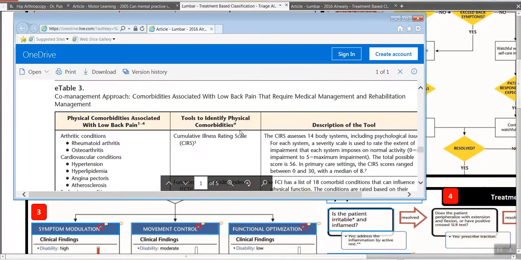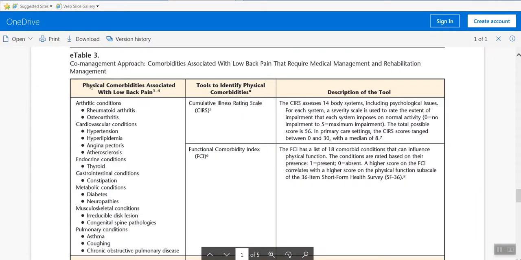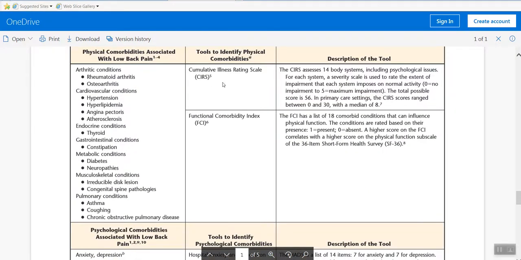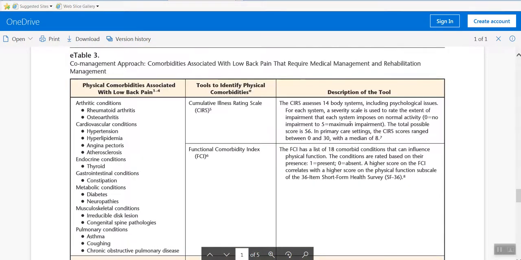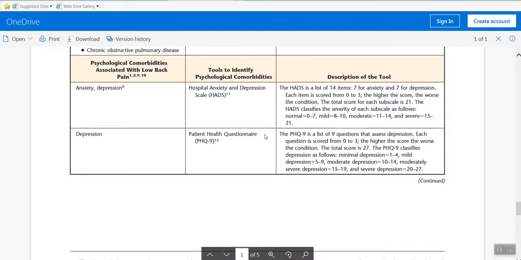Okay, so here are the physical comorbidities associated with low back pain. Again, it further delineates the different tools that can be utilized and the description of the tool as far as the scoring, highs, lows, MCIDs, etc.